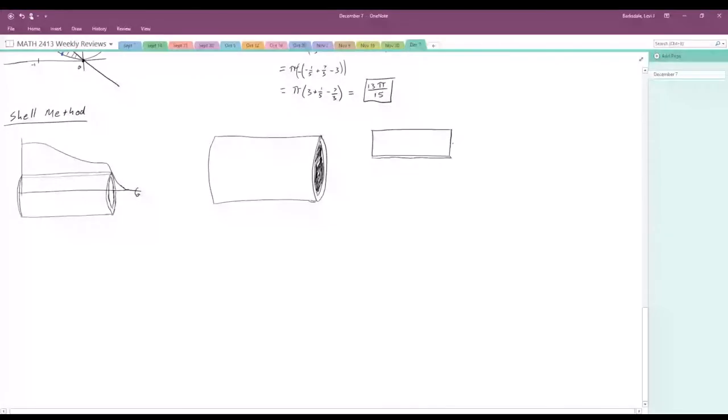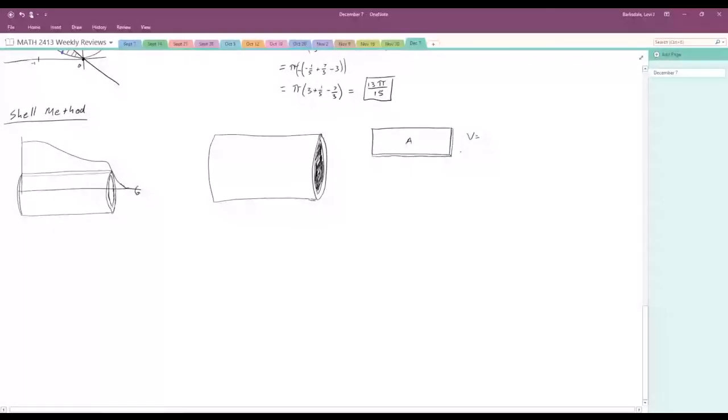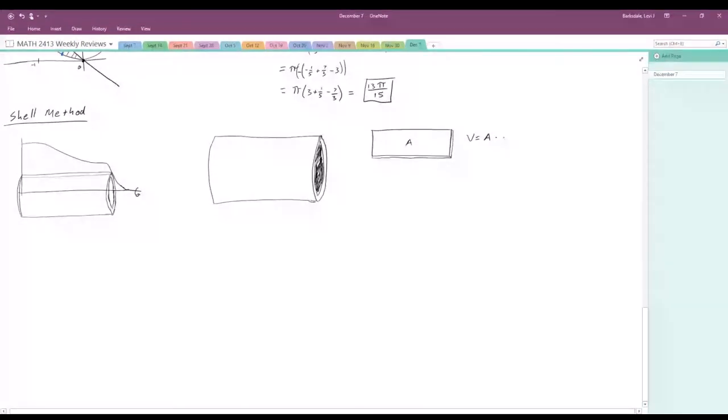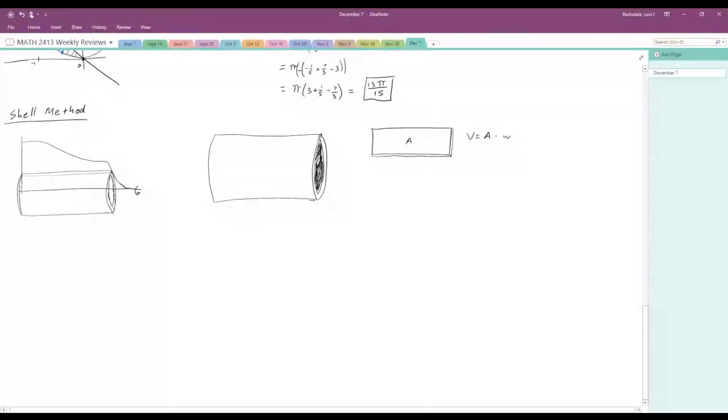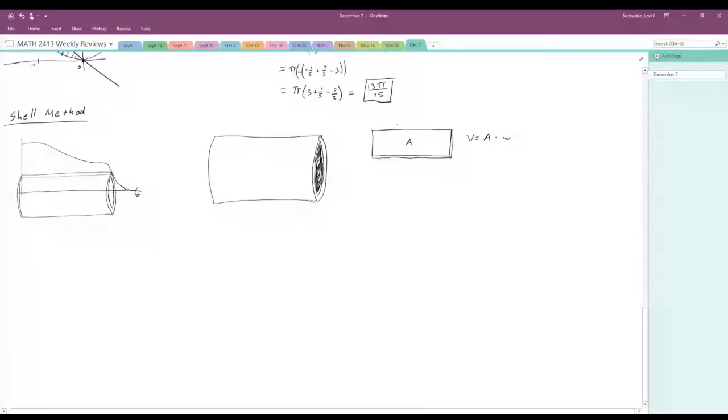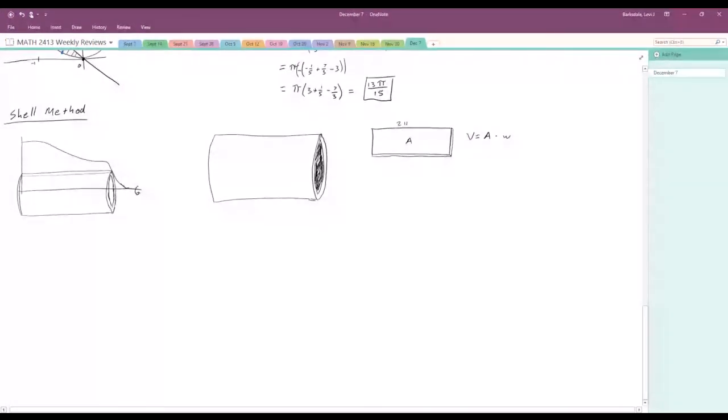So the volume of this cylinder is equal to the area of it times its depth, which I'm going to call W. So the area would be the circumference of my cylinder, which would be 2 pi r, multiplied by this height here.